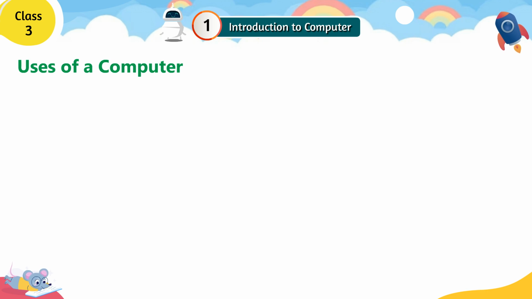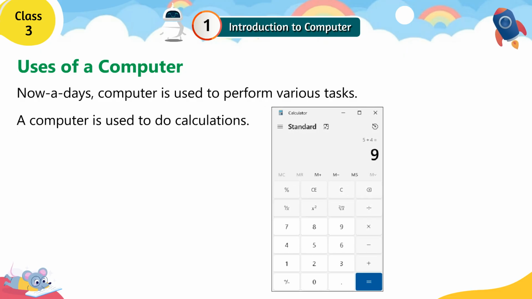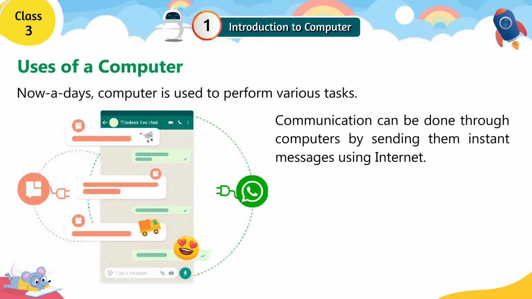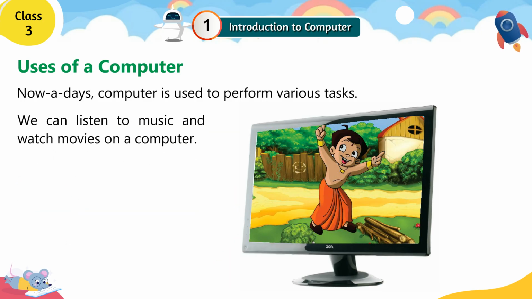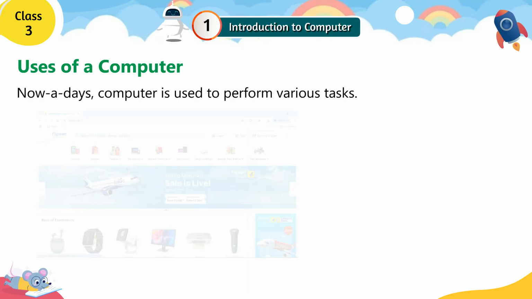Uses of a computer. Nowadays, a computer is used to perform various tasks. A computer is used to do calculations. Communication can be done through computers by sending instant messages using the internet. We can listen to music and watch movies on a computer.